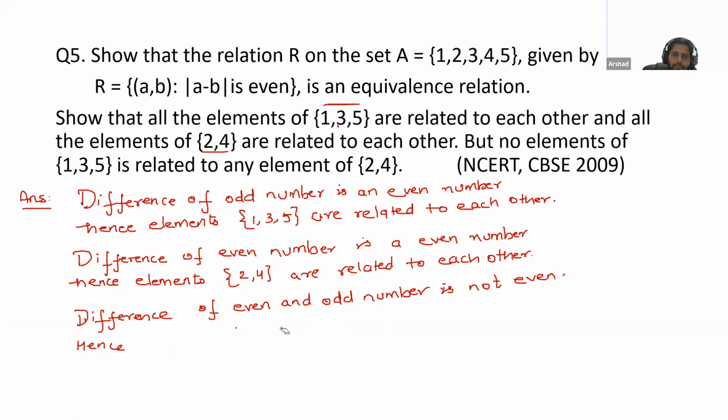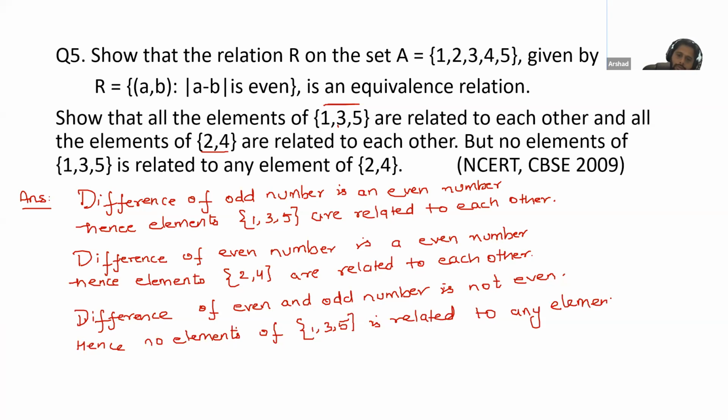Hence no element of {1, 3, 5} is related to any element of {2, 4}.